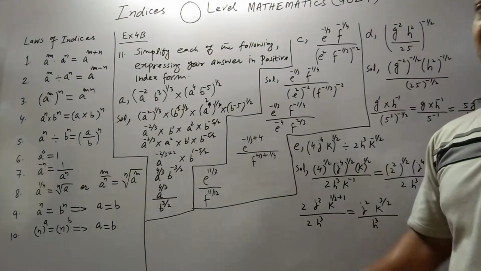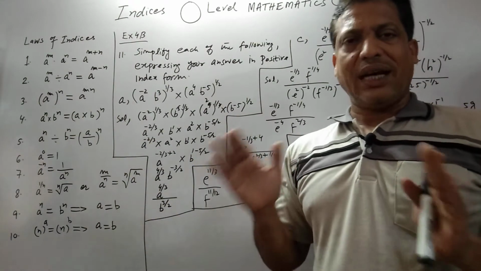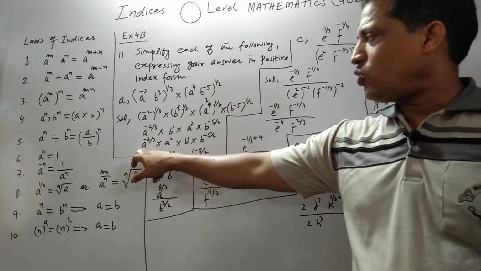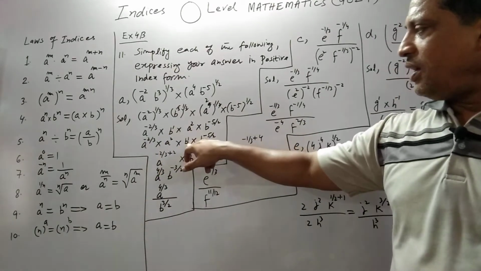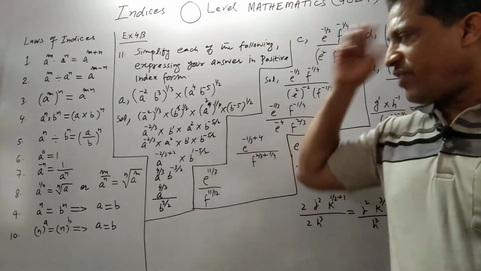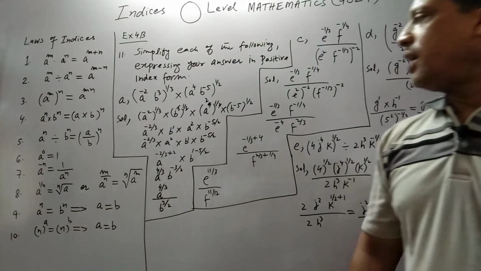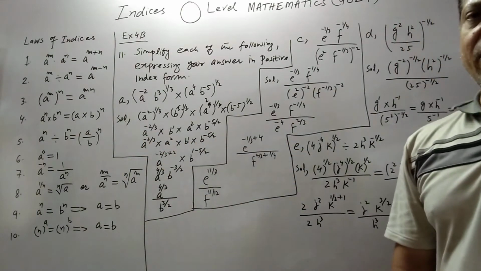Now the next step is to collect all like terms aside. This is a^(-2/3), and this is a^2. This is b^1, and this is b^(-5/2). I just rearranged the like terms. Now see this, a^(-2/3) and a^2. Which law is applied?